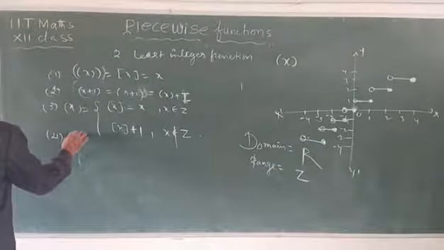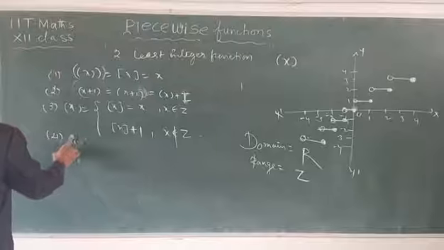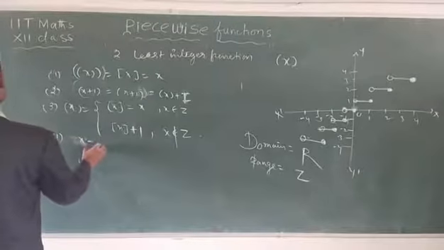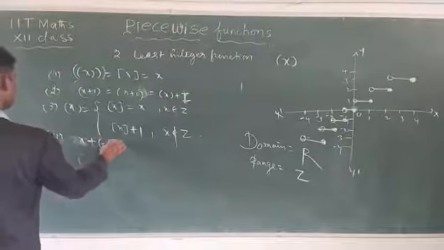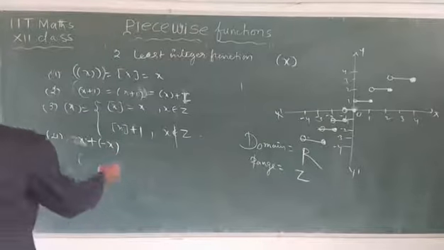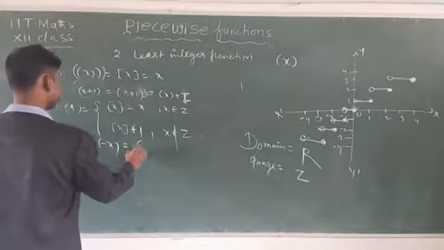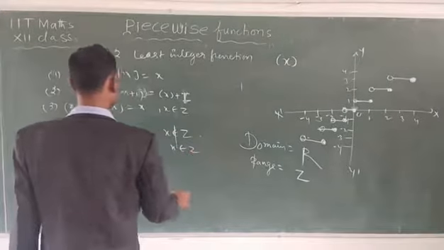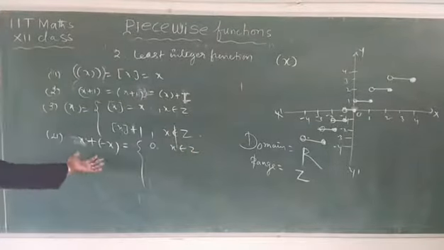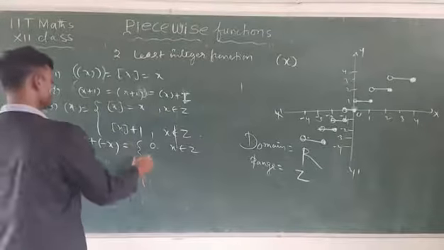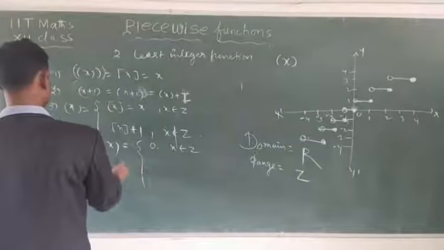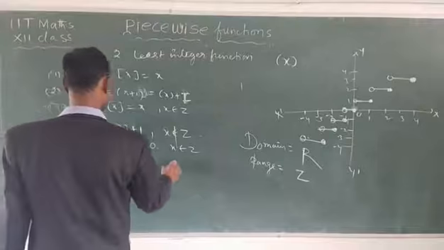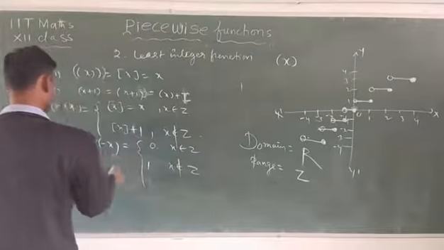Fourth one, same: step of x minus x, or x plus step of x, is equal to 0 where x belongs to Z. If you take an integer it is equal to 0, and if it is not an integer, this is 1, x does not belong to Z. Already we proved it.